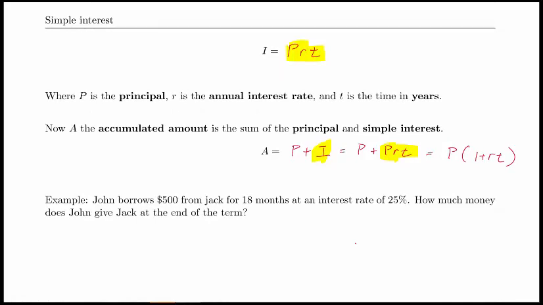He gives back the $500 plus some interest. Now note, the term is given in 18 months, but it's got to be in years. So it's 12 months in a year, so this term works out to 1.5 years. So make sure that you are clear on that point. So in 1.5 years, that's the term.